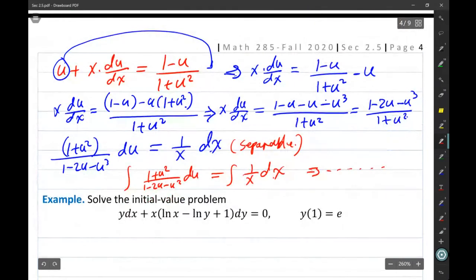I will stop here. It is your role now to do the integral of (1 plus u squared) over (1 minus 2u minus u cubed).